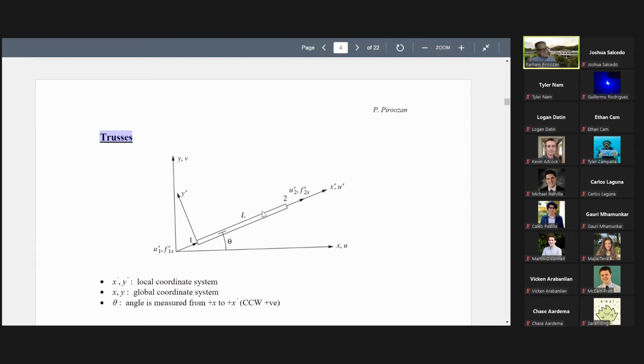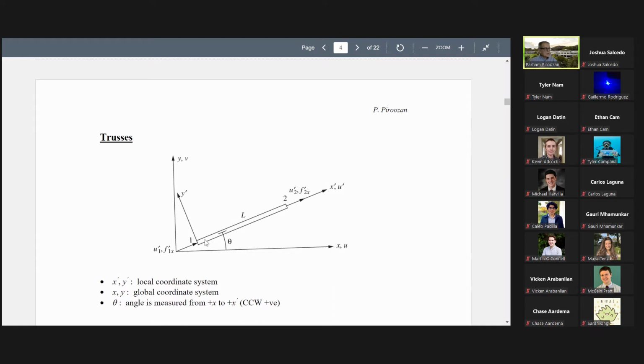Now, this is one element of a truss. Trusses are simple structures. Node 1, node 2, length L. We define two coordinate systems. One coordinate system is attached to this element.